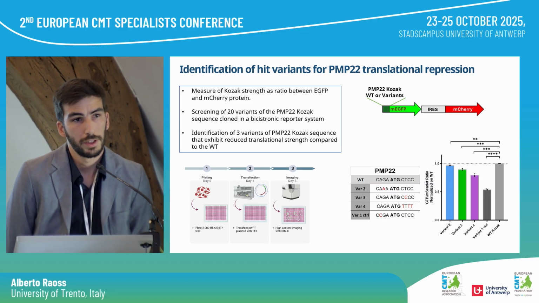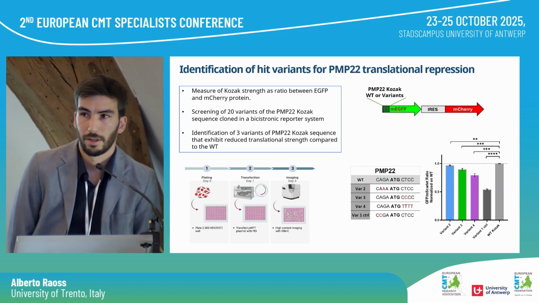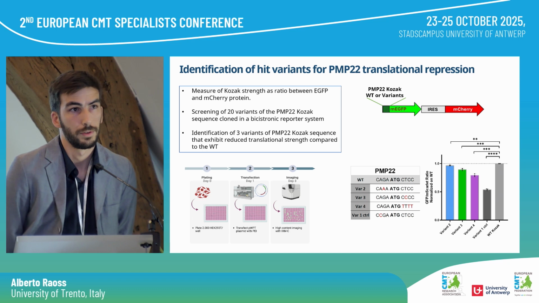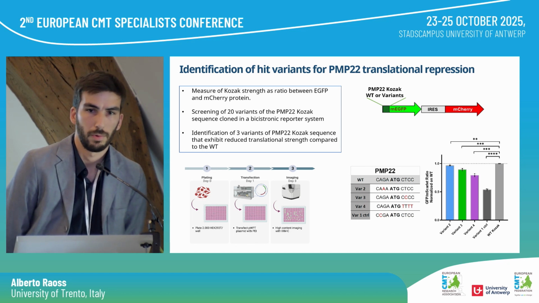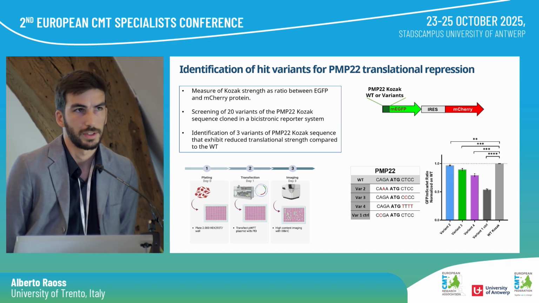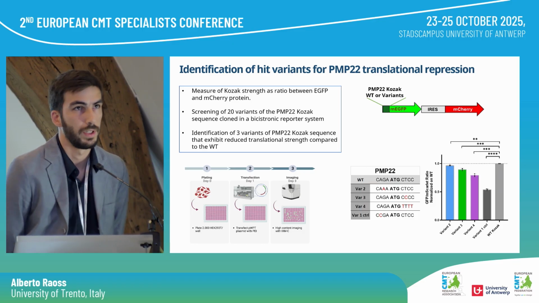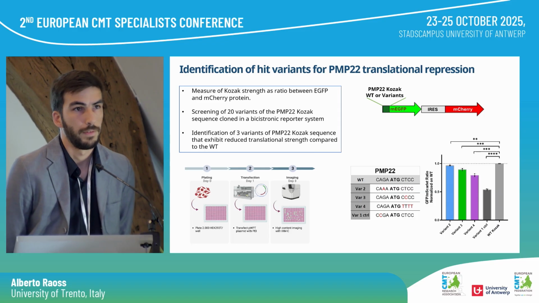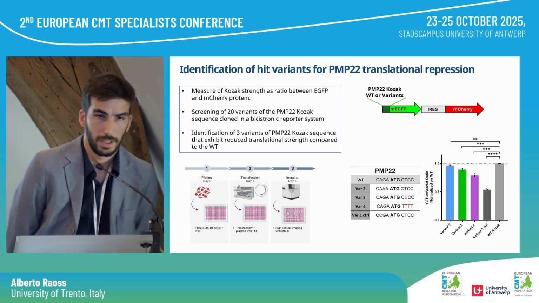This whole reporter is cloned into a plasmid and transfected into HEK293T cells. And after 2 days, we measure the Kozak strength as the ratio between EGFP and mCherry via high-content image screening.